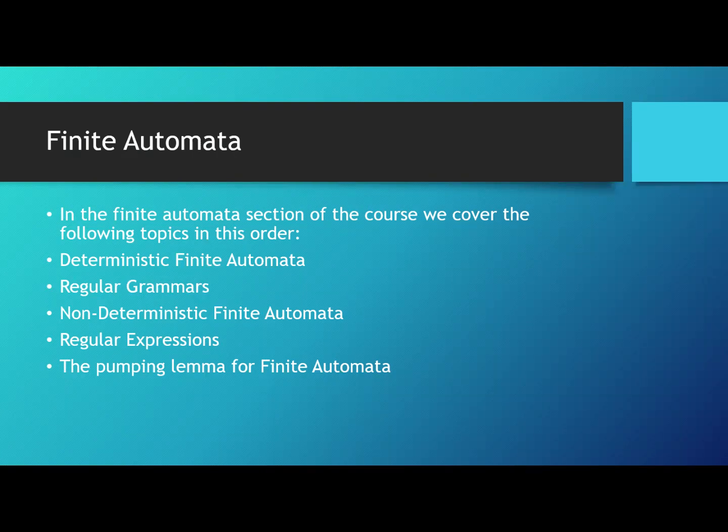We begin by teaching finite automata because that's the reasonable place to start. We cover the following topics in this order. We start with deterministic finite automata, regular grammars, non-deterministic finite automata, regular expressions, and then the pumping lemma for finite automata.